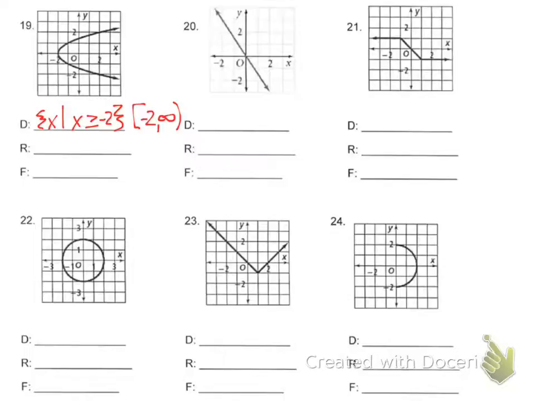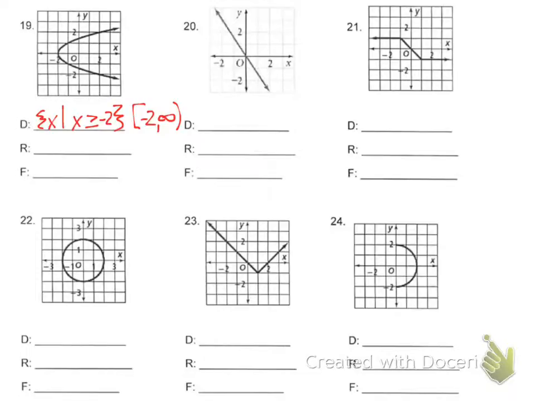We have to do the same thing for the range now. There are arrows kind of pointing upwards and downwards on this problem, correct? So is there any limitation to my y values? I don't think there's any limitation.